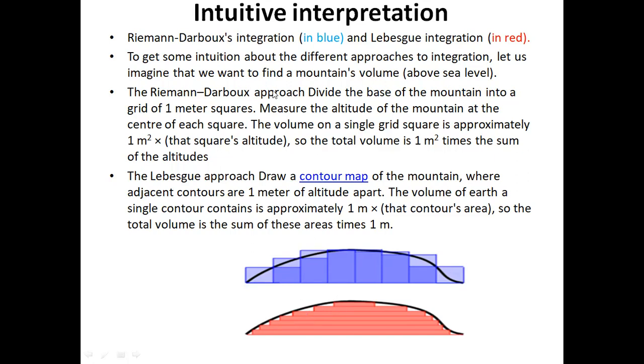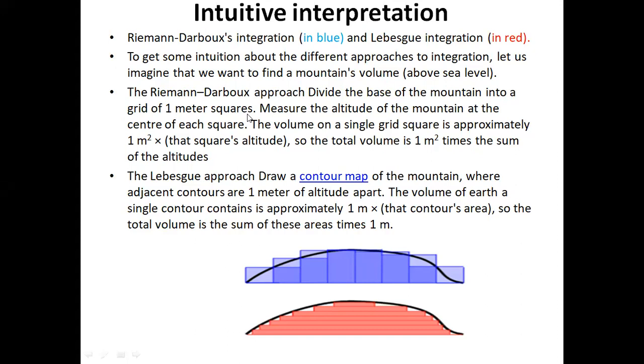To get some intuition about the different approaches to integration, let us imagine that we want to find the volume of a mountain above sea level. This is one example. The Riemann-Darboux approach divides the base of the mountain into a grid of 1 meter squares.